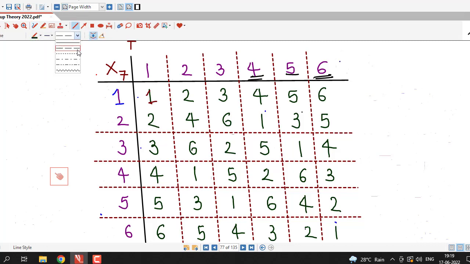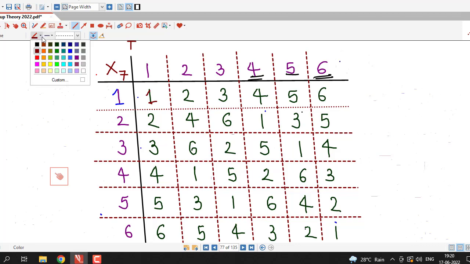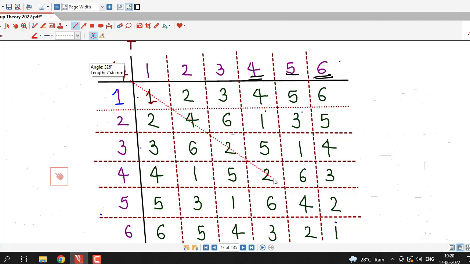So if you observe, I am drawing the main diagonal. Let me draw this first. Now I draw the main diagonal. So I start from this, and I draw the main diagonal.